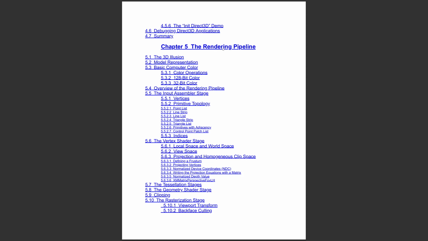Then we have triangle strips, which are triangles based on the first vertex, second vertex, third vertex, which creates a triangle with those 3 vertices, and then the 4th vertex creates a new triangle based on the previous 2 vertices, and then it continues on from there.